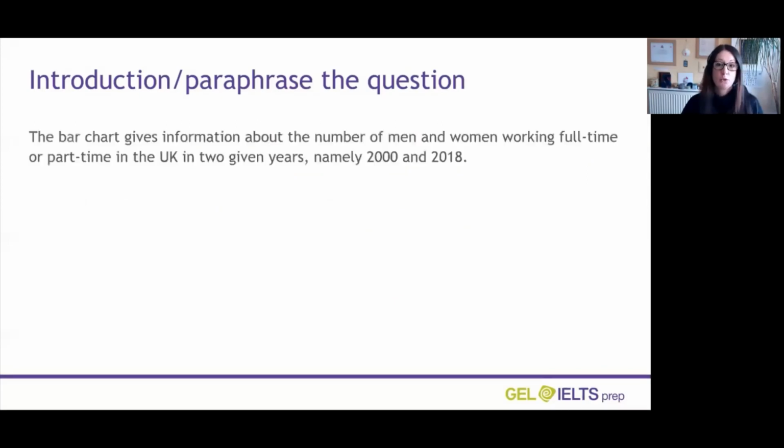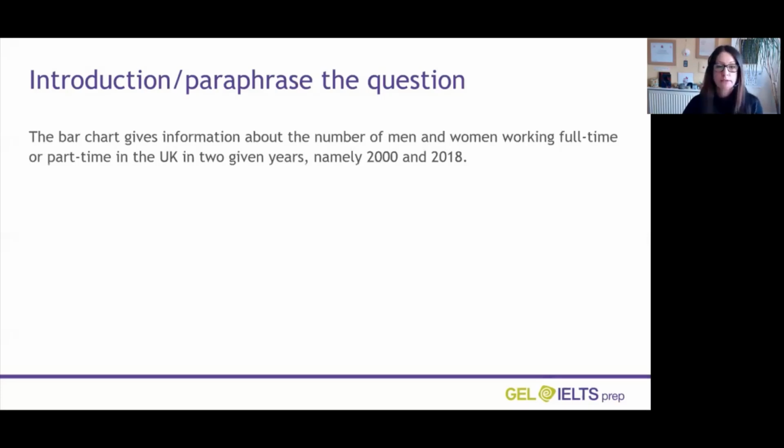Okay, we're going to have a look at one more example before we finish this class. So let's have a look at a completely different question. The bar chart gives information about the number of men and women working full-time or part-time in the UK in 2 given years, namely 2000 and 2018. So we need to think first about which words we think could be good to paraphrase.